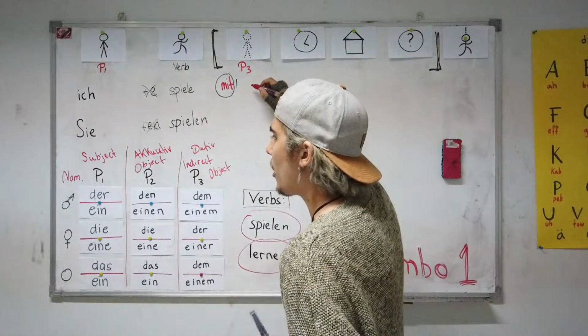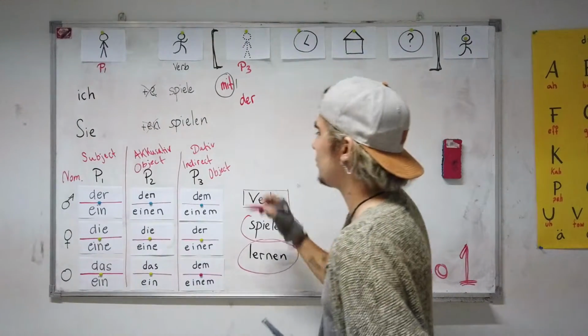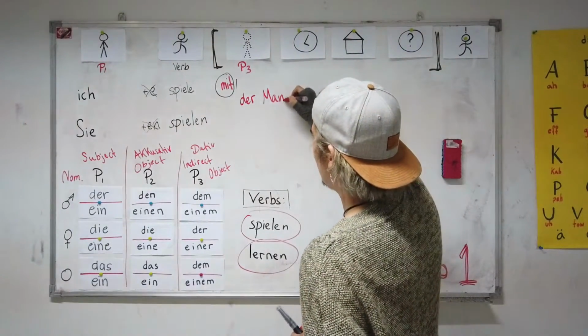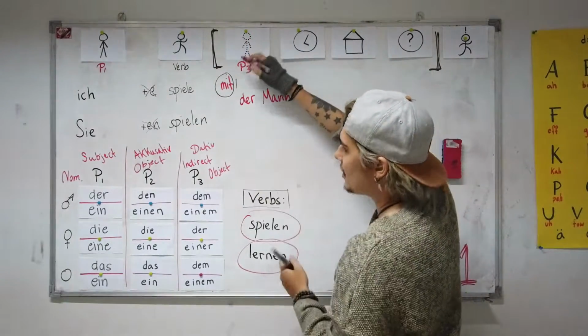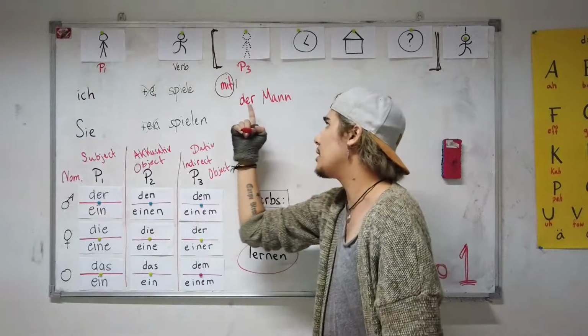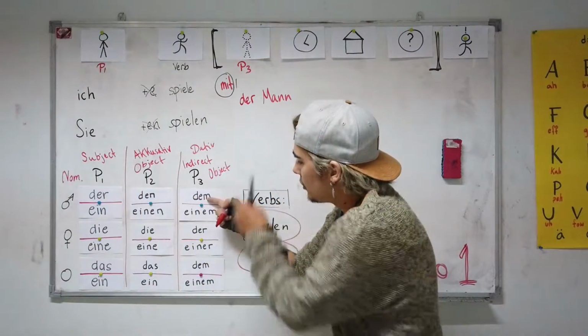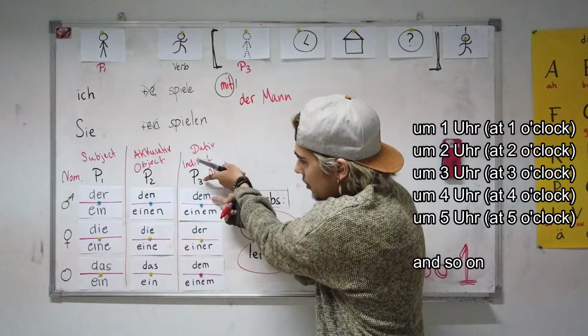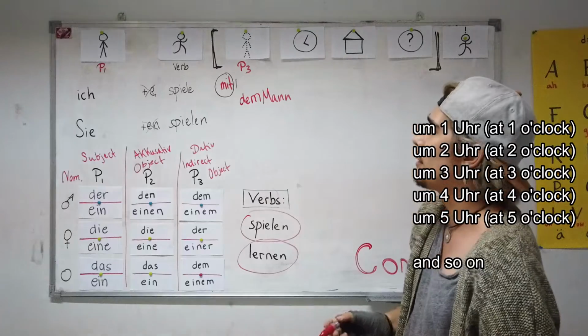But the thing is, the article of a man is originally der Mann. But if you put the man in this slot, in this category, then the der will become dem because of P3 right there. So it becomes dem.